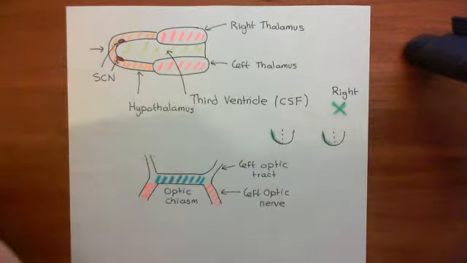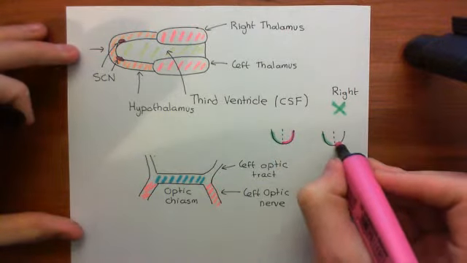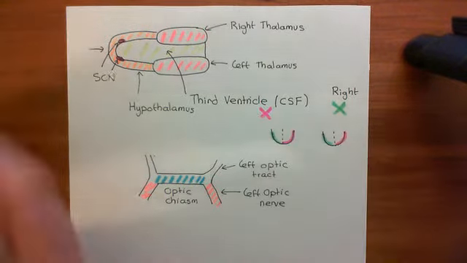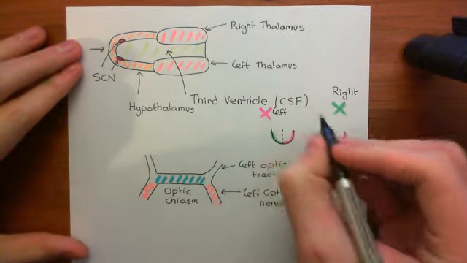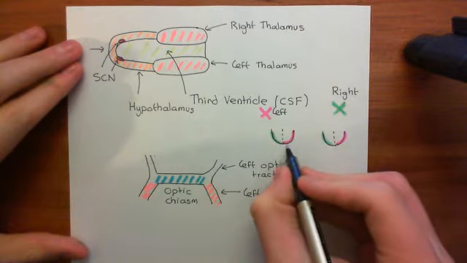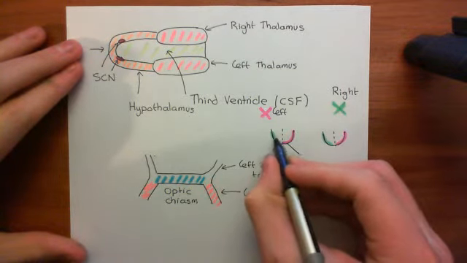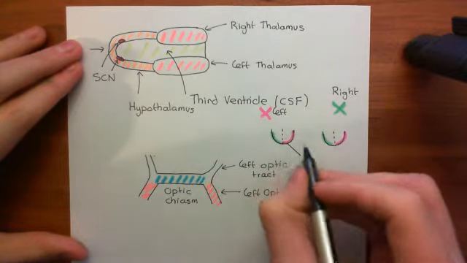Whereas these portions of the eyes, this portion in purple here and this portion in purple here, they're receiving information from over here, which is the left side of the visual field. So what will be happening is in the optic nerve you've got fibers conveying information about the right side of the visual field and the left side of the visual field.